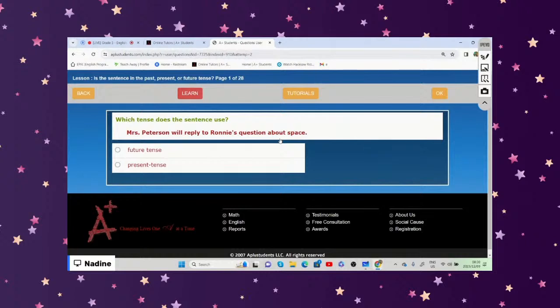So Mrs. Peterson will reply to Ronnie's question about space. Is that in the future tense, or is it present tense?